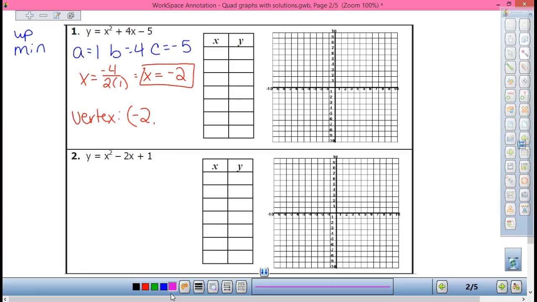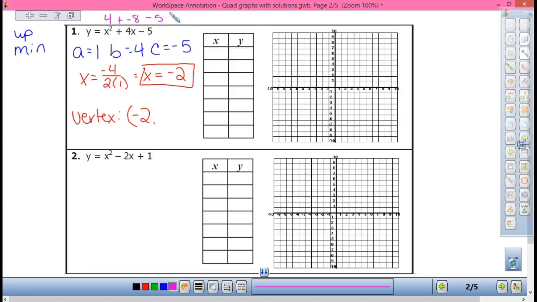Okay, the amount that I write down is I'm looking at this and I'm going, okay, so I'm plugging this in for X, right? So -2 squared is 4 plus, what's 4 times -2? -8, and then -5.